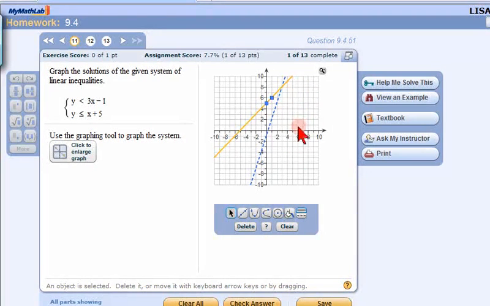So what you do is pick your bucket, go into that region and click, and it is the part that is below the solid line and below the dotted line. So you don't shade both of them, waiting for a color to merge. You just isolate in your mind the region you want shaded and go in there and click.